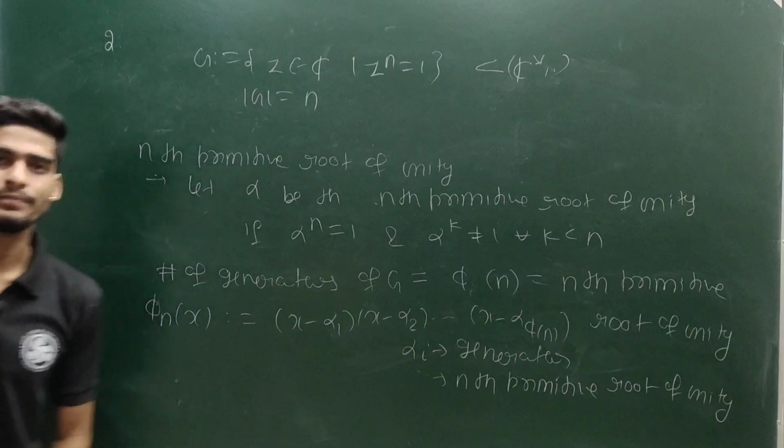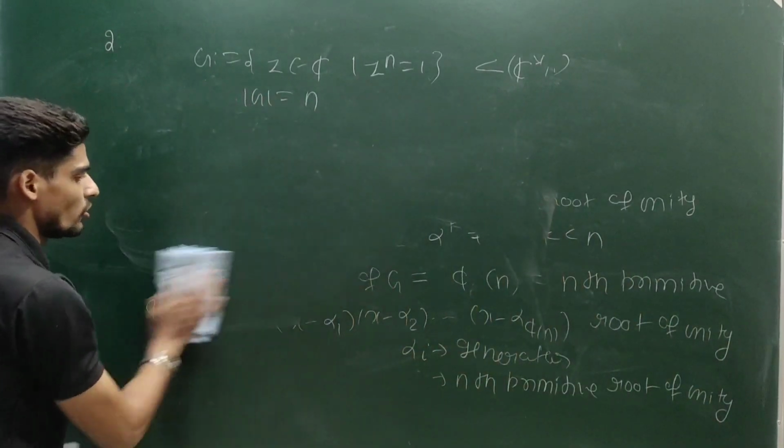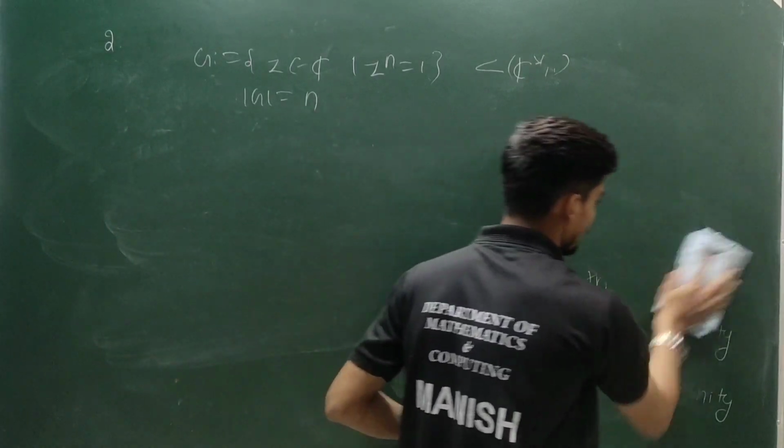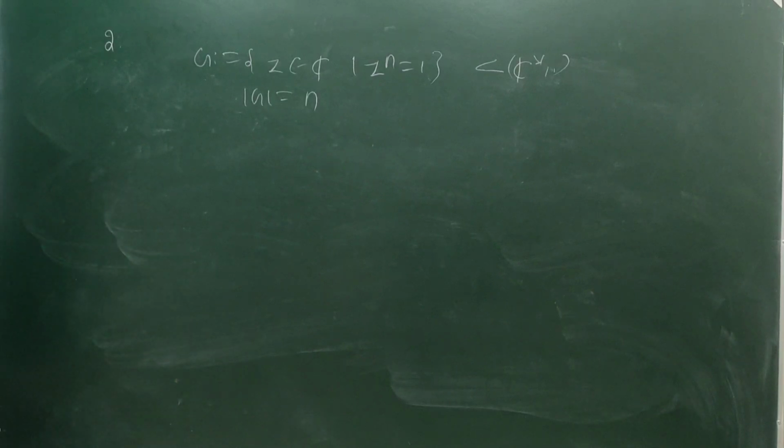Now let me give you some more hints for this question, because if you know this concept it will take hardly 10 seconds, but if you don't know this concept you cannot attempt it easily in the examination.